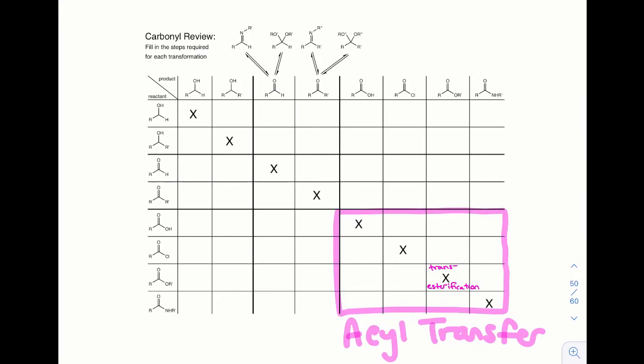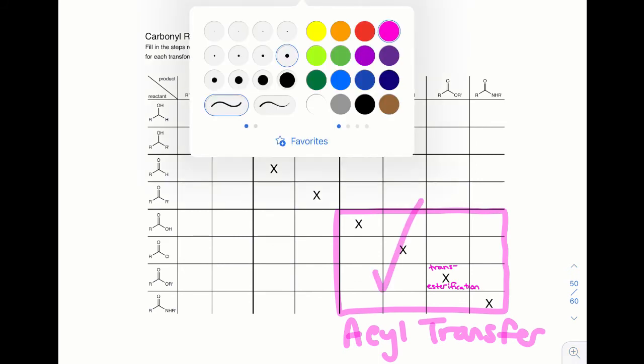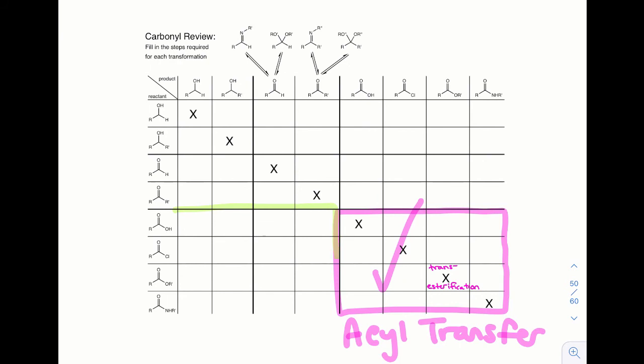Returning here to the carbonyl grid, let's think about what there's left to learn. Acyl transfer quadrant, we've got that. We just discussed this lower left-hand reduction quadrant, and there were certainly some new reactions that were really important. I would say that the most important reactions that we learned were the DIBAL reduction of the esters to generate aldehydes, and then conversion of an acid chloride to a ketone directly with the cuprate.